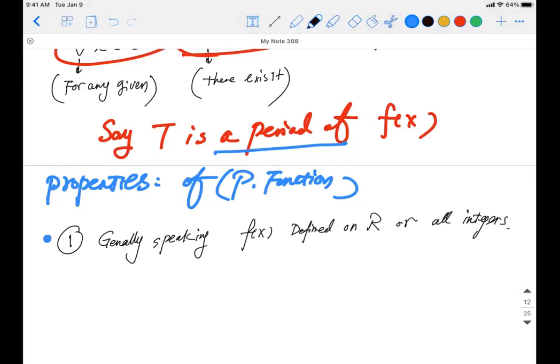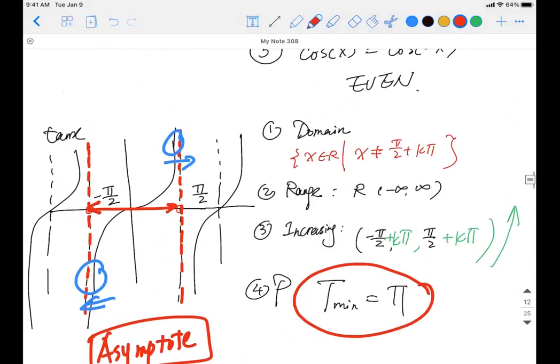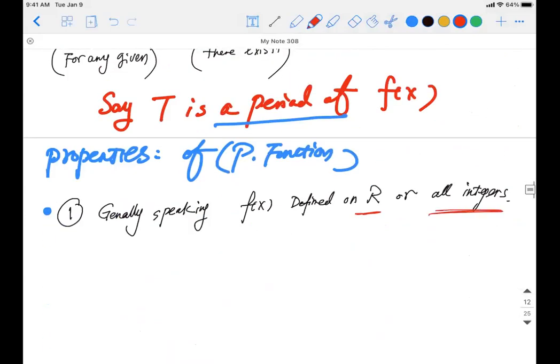So you either belong to all the real numbers, or you can poke out several points. Let's say for our tangent x, there are some points not available, but generally speaking, the big range should be there. Or you can define on all the integers, let's say a periodic sequence. You only take the integers, but still you cover everything.